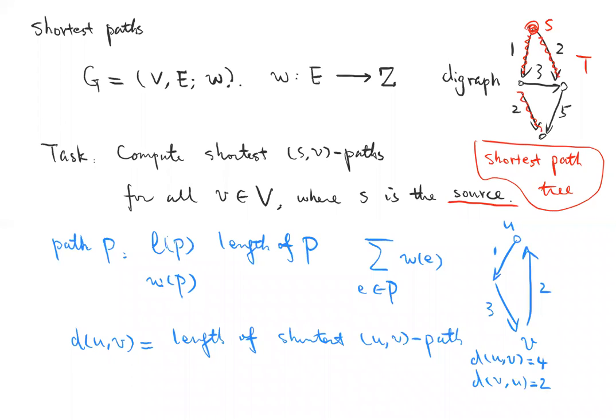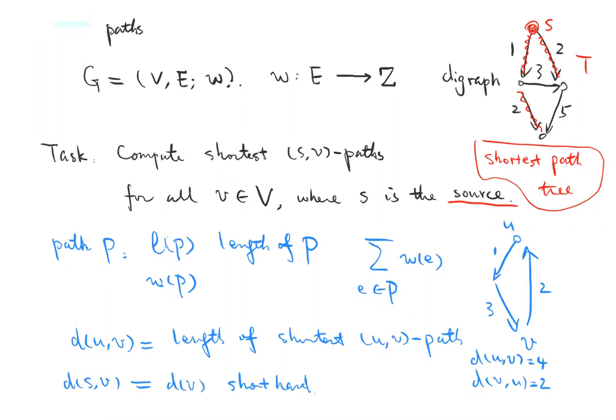Okay, so here S is a given source, and for simplicity, d(S,V) will be written as just d(V) as shorthand. Okay. So the problem we consider is called the single source shortest path problem.